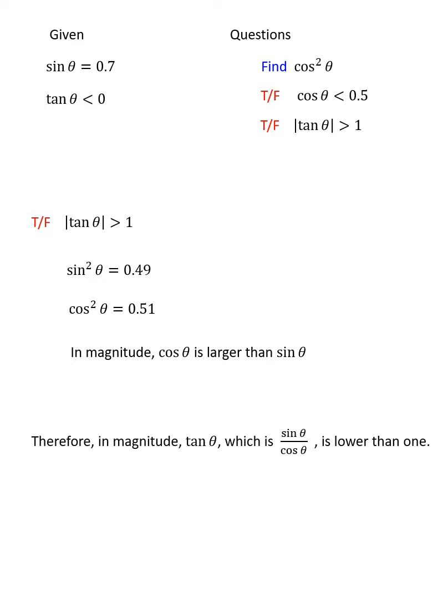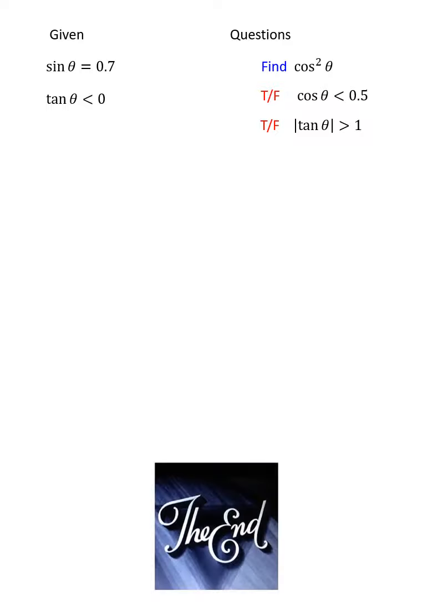And if you look at the true-false statement, it's saying that the magnitude or absolute value of tangent theta is greater than 1. We just proved that this isn't true, and therefore the absolute value of the tangent would have to be less than 1, and hence the original statement is false. And that completes the problem.